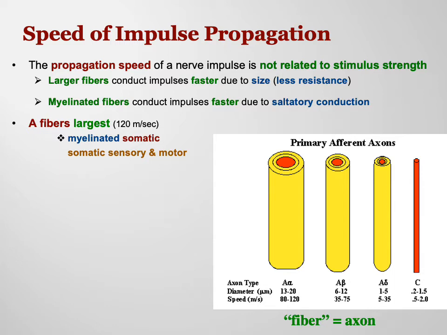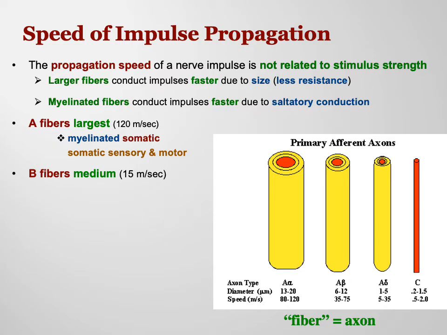If somebody throws a knife at your head, you need to duck right now. So you want some really fast action potentials making it out to those skeletal muscles so you can move in time. And if your hand is on fire, you need to know about that right away. So it makes sense that your skin senses have really fast axons to let you know what's going on.